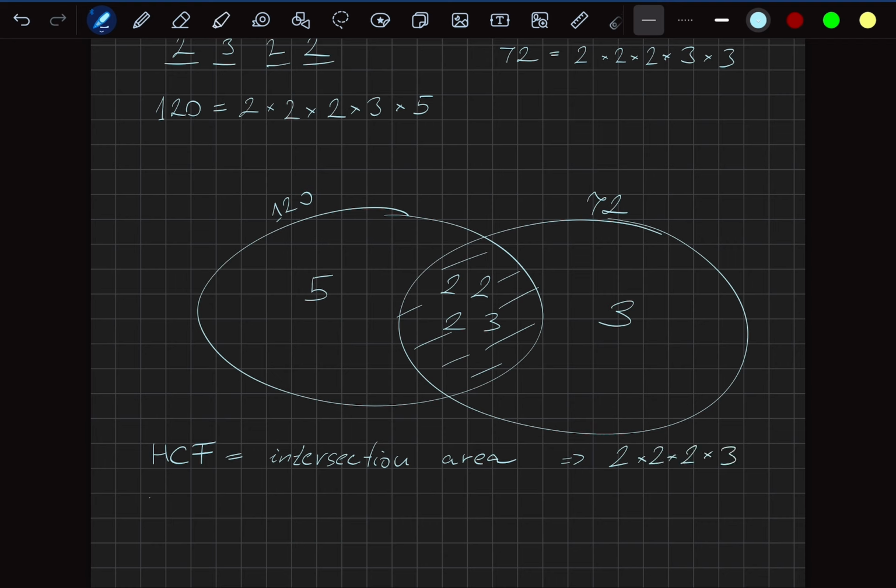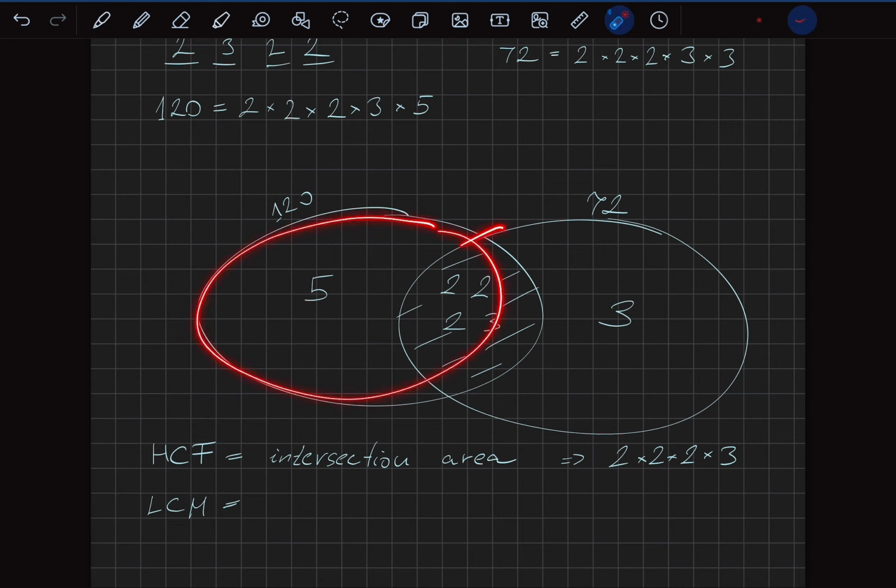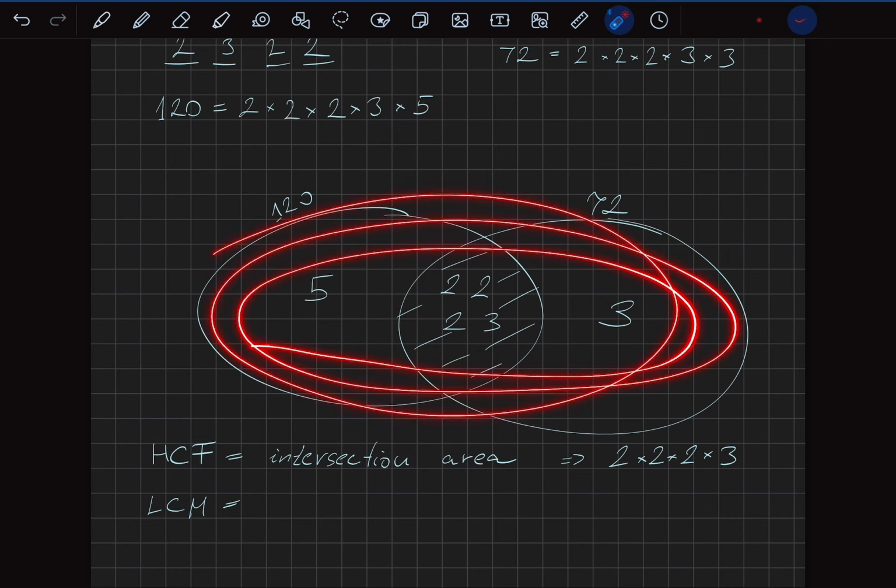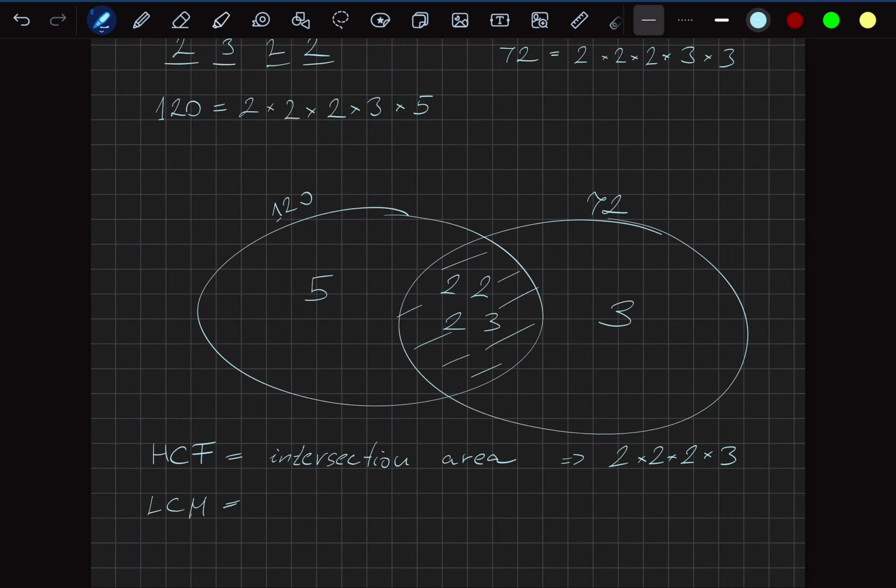And the lowest common multiple will be the union of the two sets. So basically every number you can find on the Venn diagram. So 5 times 2 times 2 times 2 times 3 times 3.